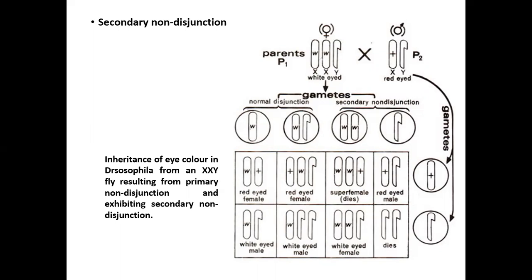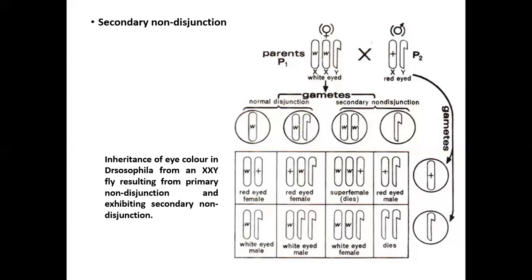When the exceptional white-eyed females were studied cytologically, they were found to carry two X chromosomes and one Y chromosome, that is XXY. Such cytological results were put forward as evidence that genes or Mendelian factors are carried on chromosomes.